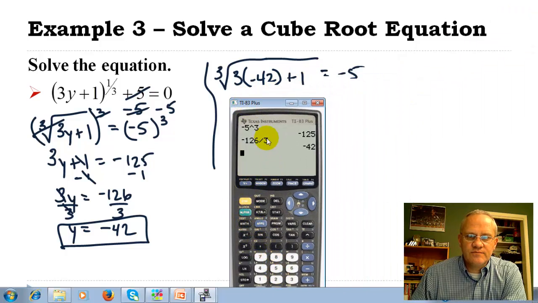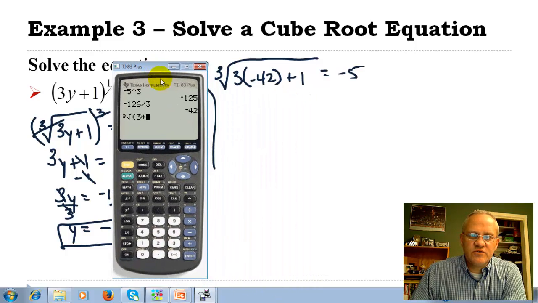We've got the cubed root, go to math, number 4, cubed root 3 times negative 42 plus 1. I think that will be okay without extra parentheses there. And negative 5. That's it.